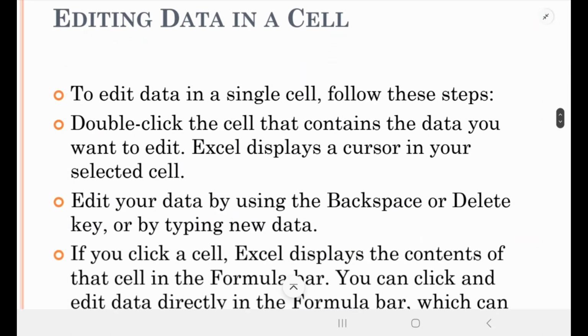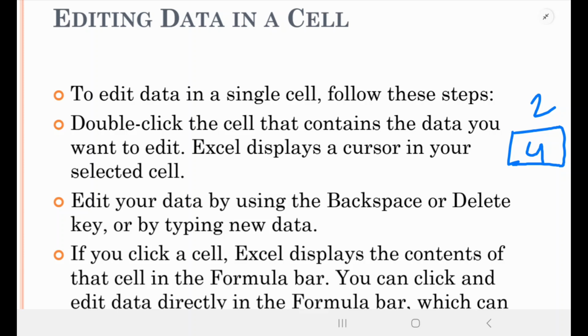Editing data in a cell, this is very simple to edit a data in a cell. Suppose this is a cell. Here you have put the value 4, and by times you come to know that this is wrong. Here you have to put the 2.